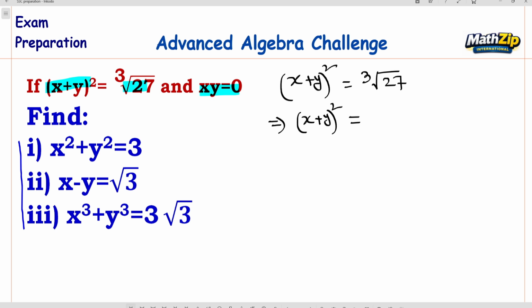We can write 27 as 3 to the power 3, and the cubic root of it will be 3. Now in (x plus y) whole square, the 3 and 3 cancel out, so here is a 3. We just keep this one.